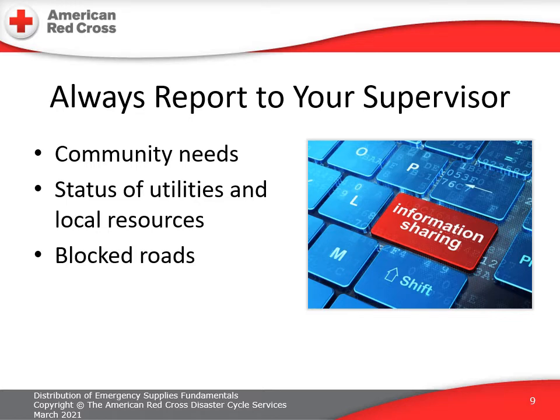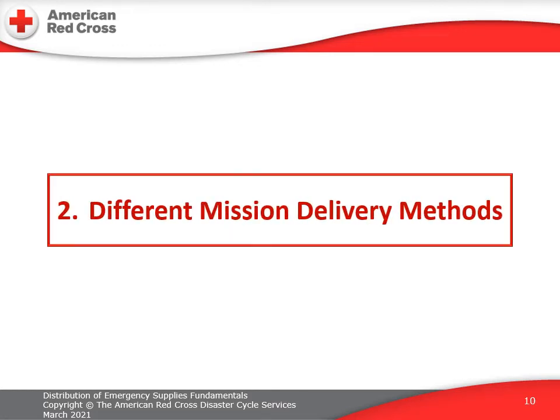You may also learn about other essential elements of information, such as blocked roads, closed or open grocery stores, power outages, or power restoration. Report anything to your supervisor that you think may be necessary for the operation to be aware of. Now that you have learned about DES missions, let's explore the different mission delivery methods.